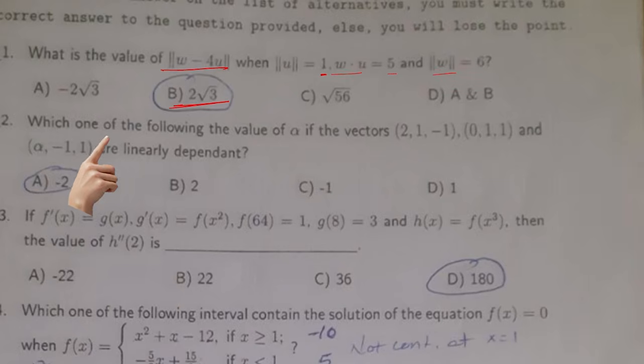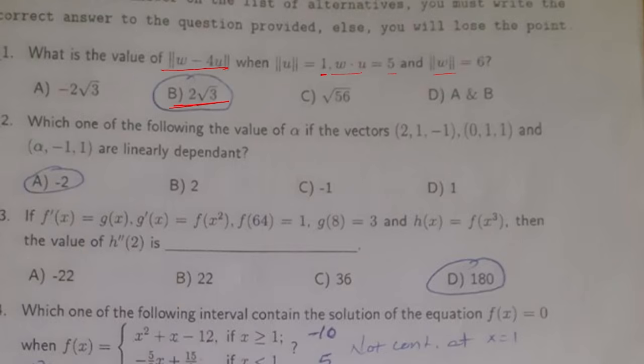Number 2. What is the value of alpha if the vectors (2, 1, -1), (0, 1, 1) and (alpha, -1, 1) are linearly dependent? If three vectors are linearly dependent, one can be written as a linear combination of the other two.